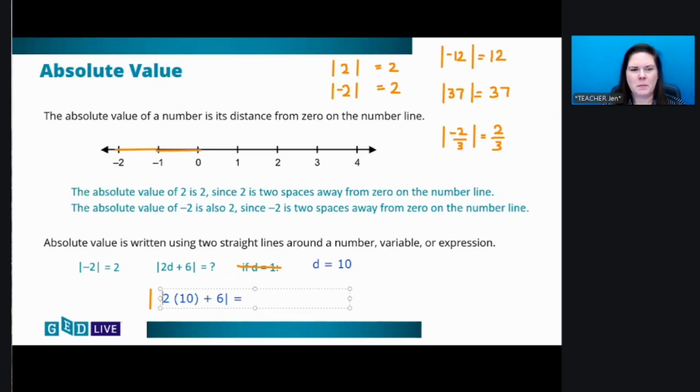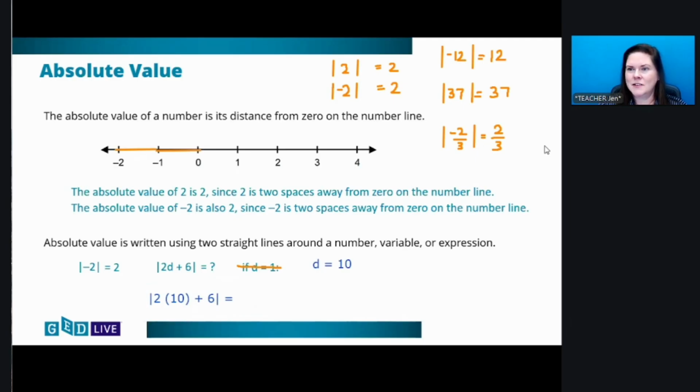I'll put an absolute value bar at the front that matches. So notice I have taken d out, and in its place, I put the number 10. After all, we're practicing with what happens when d is 10.